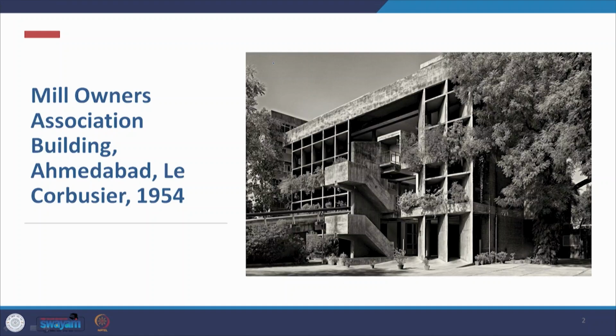The Mill Owners Association building, designed by Corbusier in Ahmedabad in 1954, is the next work that I am showing to you here. Earlier we saw Villa Shodhan. Now this building was on a monumental scale and it had a processional approach. So in that sense it is closer in its vocabulary to the buildings of the Capitol complex because it has a monumental scale.